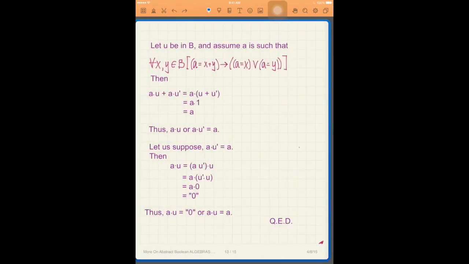Okay, let's have U start in the Boolean algebra B, and assume that A is such that this does hold, our assumption. If you take A and set it equal to X plus Y, then either X is equal to A or Y is equal to A. Then what do I know? Now I've worked it this way, but it might be more natural to work it on the bottom going up.